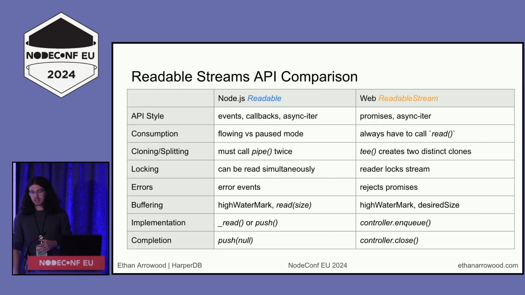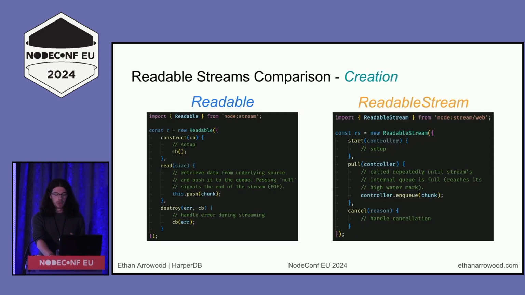Lots of text. Really the first API style is the one I'll call out the most: events and callbacks for Node Readable and async iteration. On web ReadableStream, it's promises and async iteration. And then looking at some code, which I think everyone will be a lot more grateful for. On the left-hand side is how you would instantiate a Readable. There's a construct method.